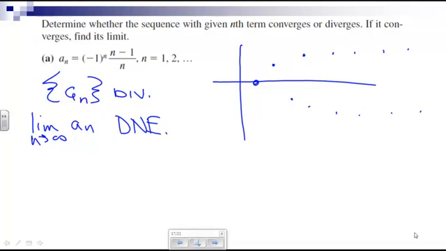Sequences will only converge when the limit is a value. Should I summarize what we just said, Jordan? Okay.